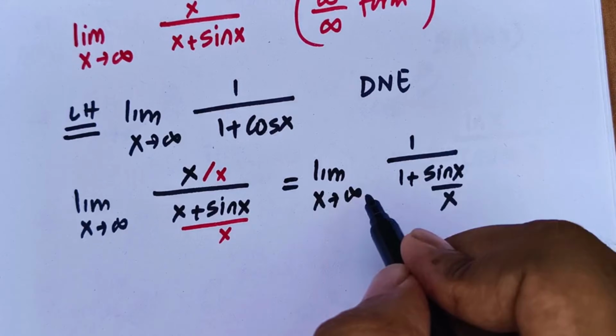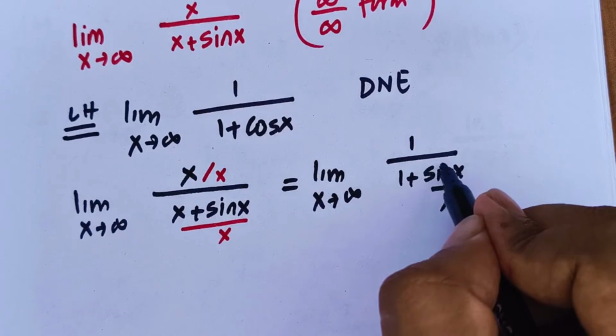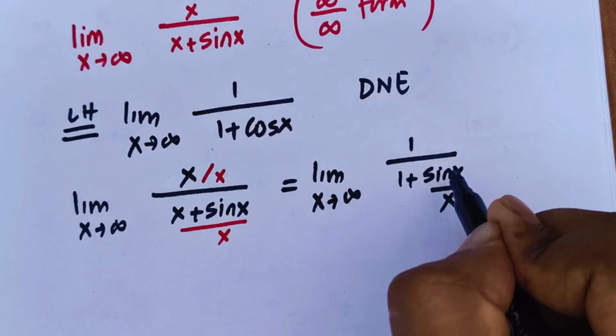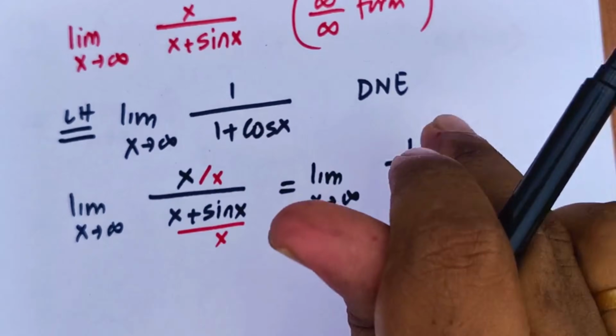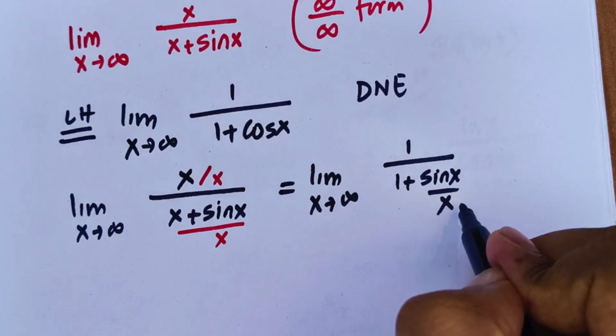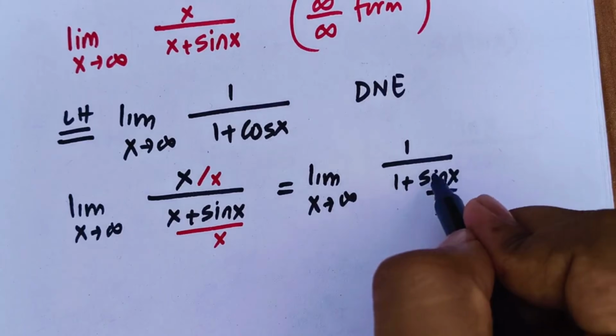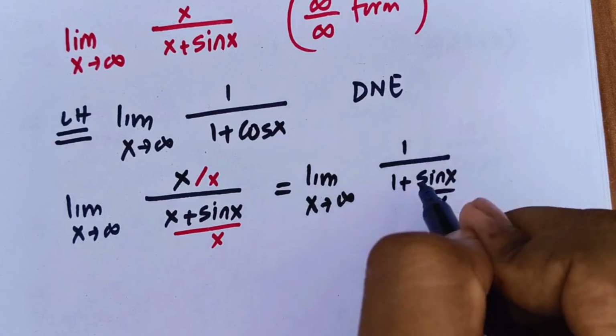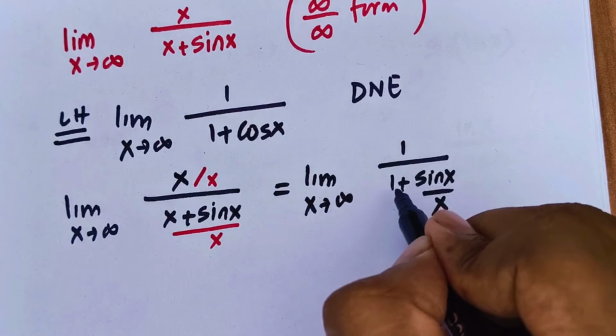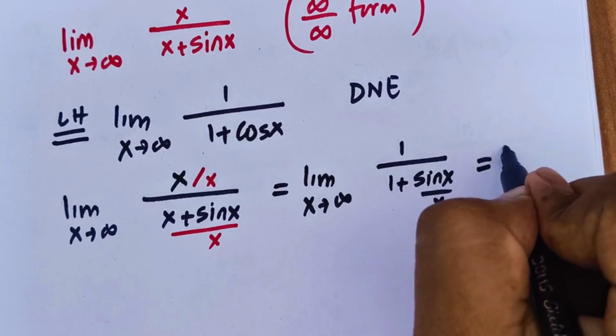When x goes to infinity, this is 1. This quantity will go to 0 because sin x oscillates between finite numbers -1 and 1, and x becomes larger and larger. So all this will go to 1 over 1 plus 0, which is 1.